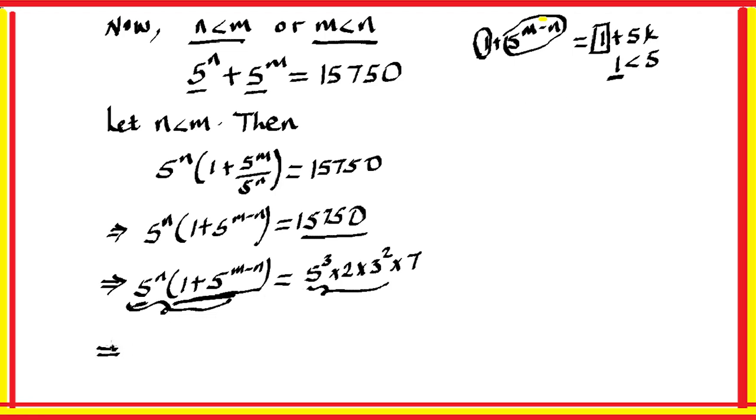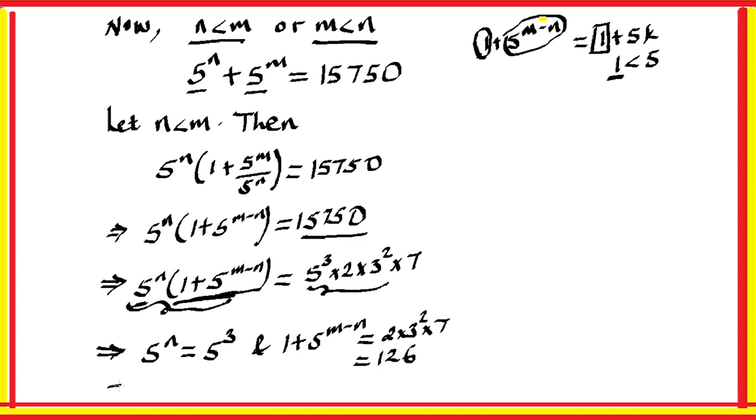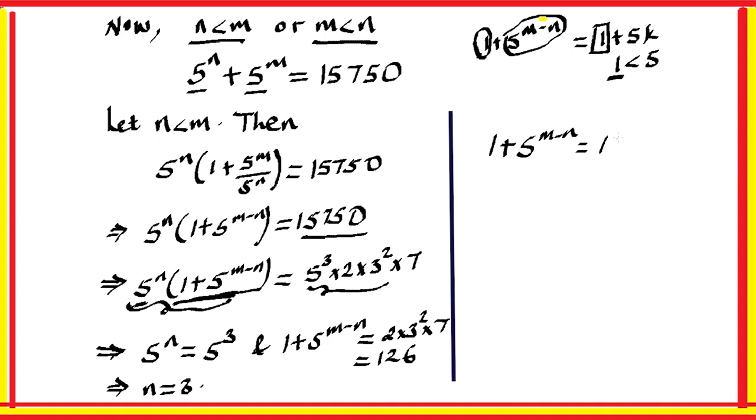So 5 raised to n is equal to 5 raised to 3, and the remaining part, 1 plus 5 raised to m minus n, is equal to 2 times 3 squared times 7. That's 126. From the first equality, we get that n is equal to 3. 1 plus 5 raised to m minus n is equal to 126.